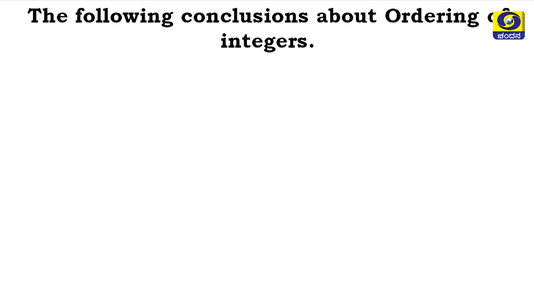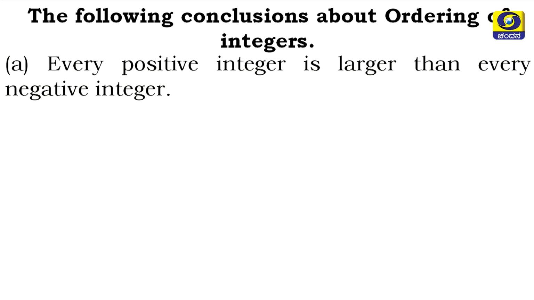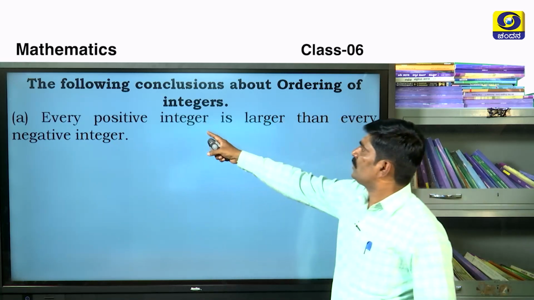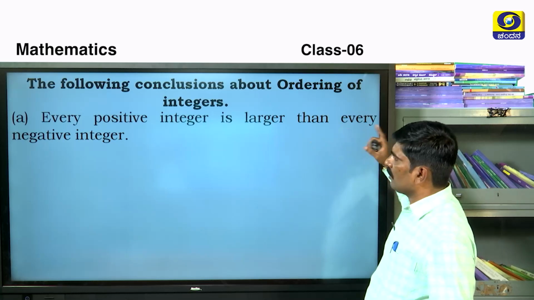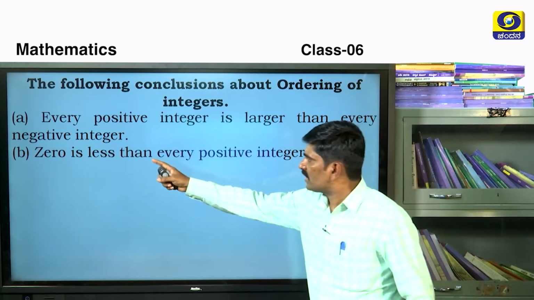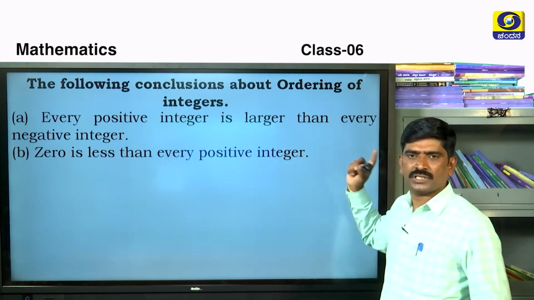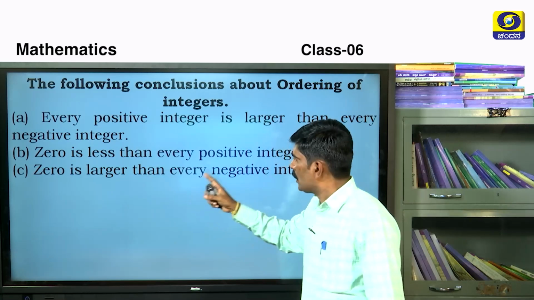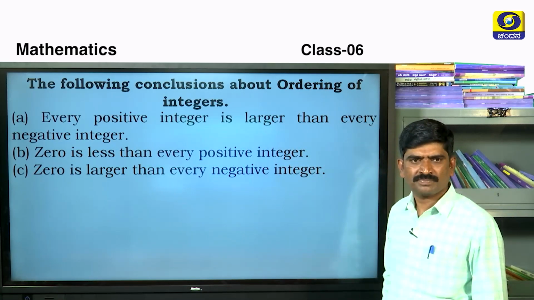Okay. Next, the following conclusions about the ordering of integers. Every positive integer is larger than every negative integer. This is the first condition. Second, 0 is less than every positive integer, and 0 is larger than every negative integer.